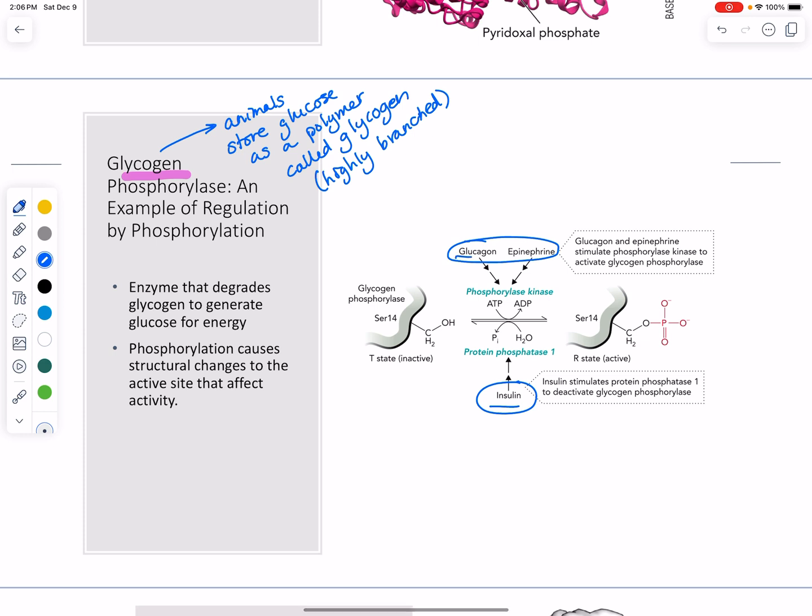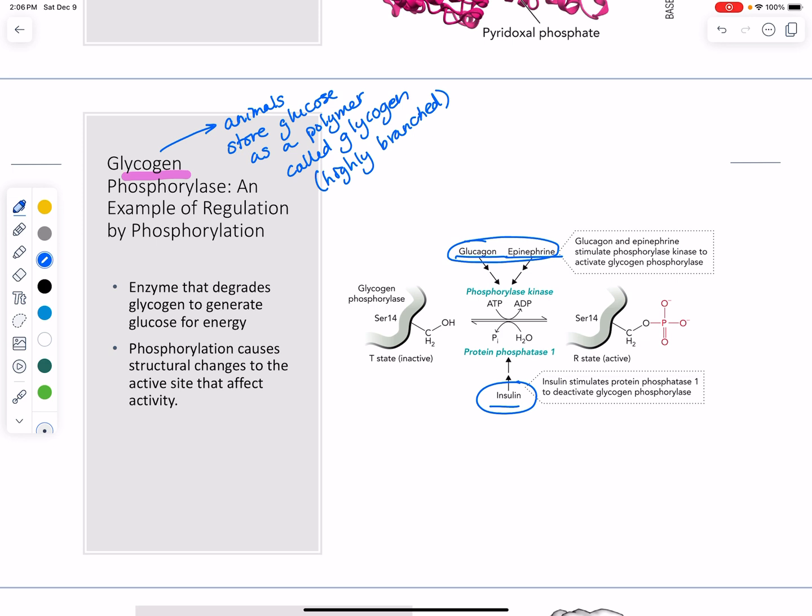Whereas glucagon and epinephrine have a different effect on our metabolism.